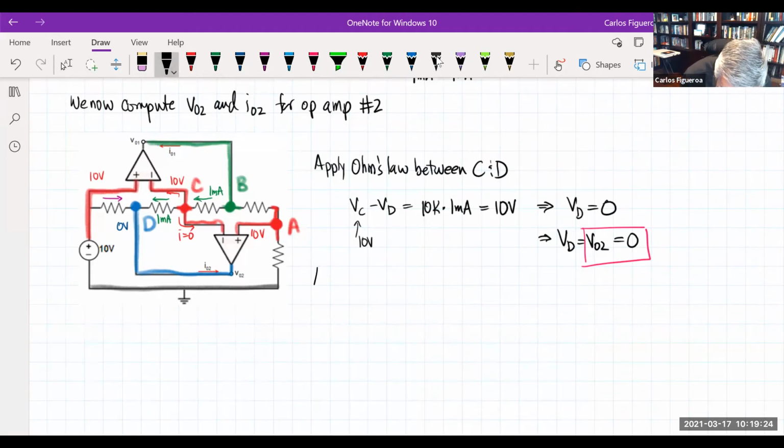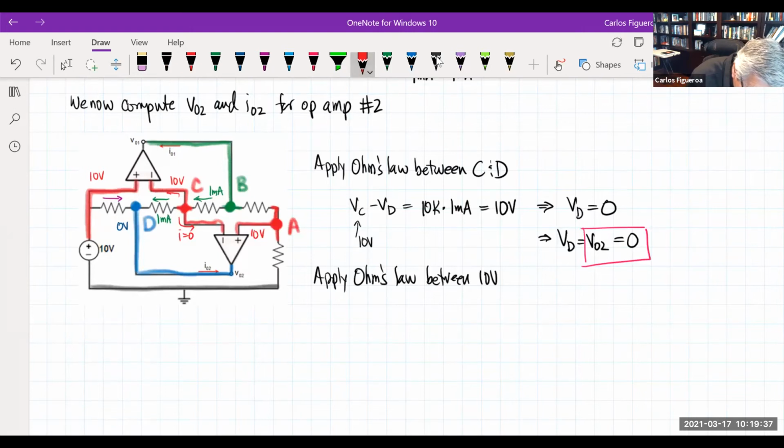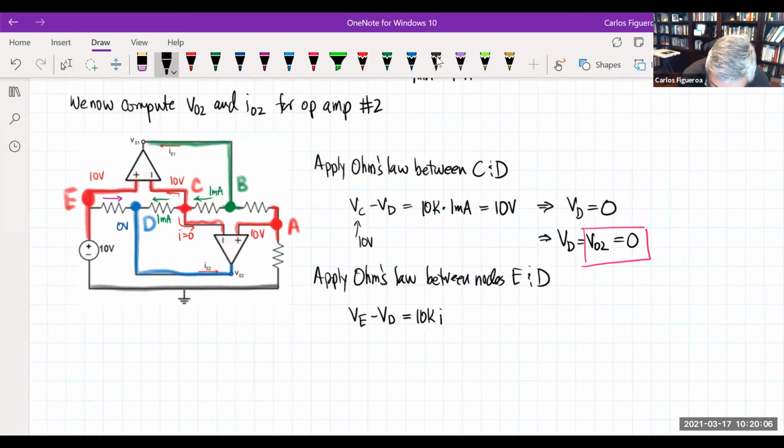So now if I apply Ohm's law between 10 volts, maybe I should call that node E, just to make it clearer, and I'll say between nodes E and D, you're going to see that this should be the voltage at E minus the voltage at D, over that 10K resistor here.